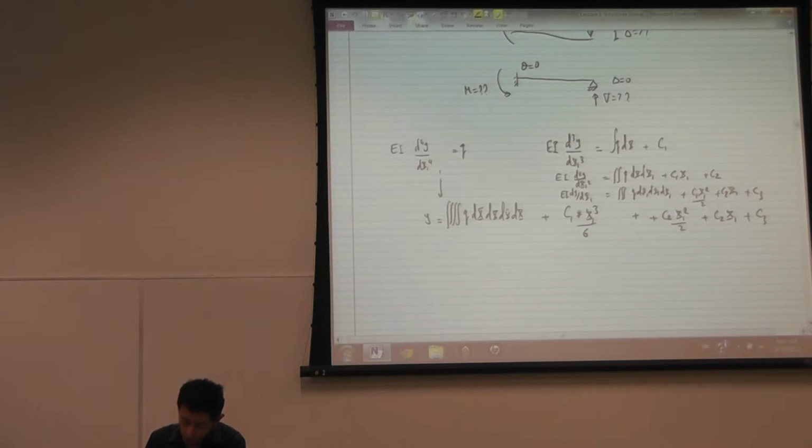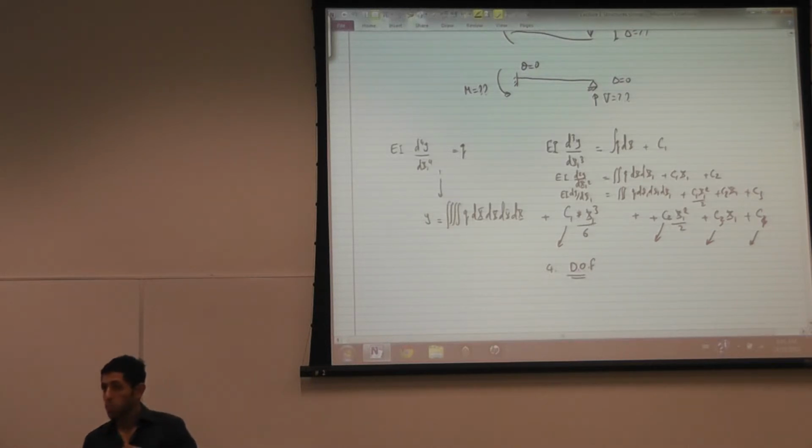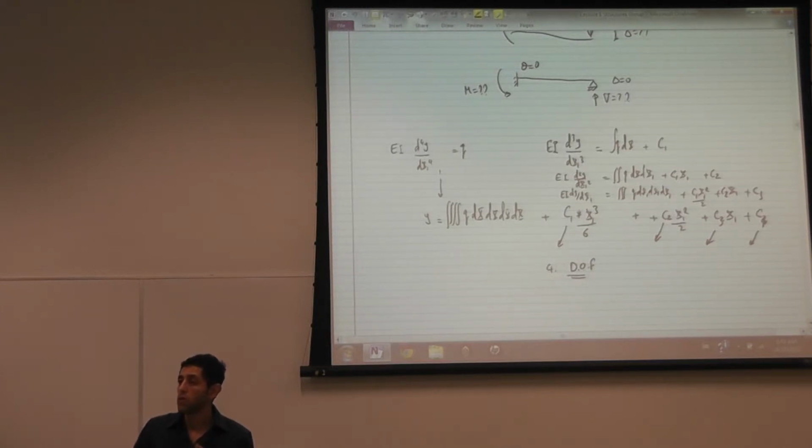I have 4 degrees of freedom: C1, C2, C3, and C4. So the behavior of the beam is totally known by 4 degrees of freedom.